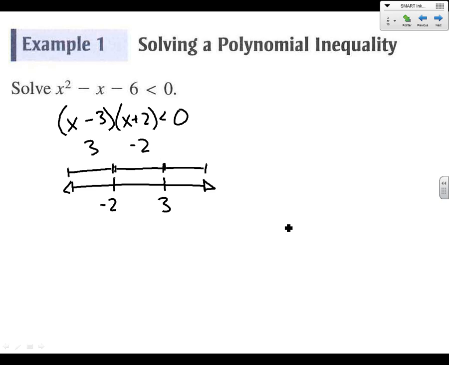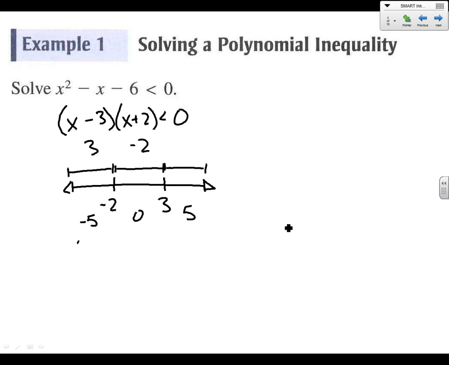To the left of negative 2, let's go with, how about negative 5? In between negative 2 and 3, let's pick the easiest number we can find. I'm going to pick 0. And to the right of 3, let's use another easy number. I'm going to go with 5. 10's easy, 4 wouldn't be a bad answer. You wouldn't want to pick 3.913. Nice, easy numbers to test.